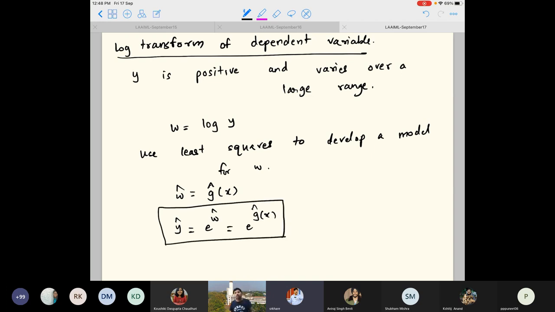There are certain computational advantages, because the range of y is really very big. You don't want to work with a large range of y. Like y really varies between 1 to 1000, 1 to 1 lakh, say for example. So that variation is really very high. So this is what typically you will do. You will do the log transformation, and then you will try to build a linear model for the log.